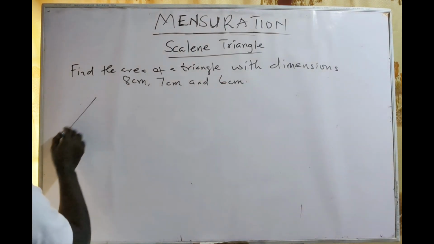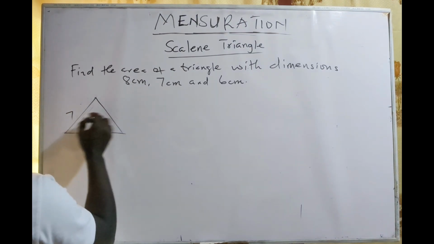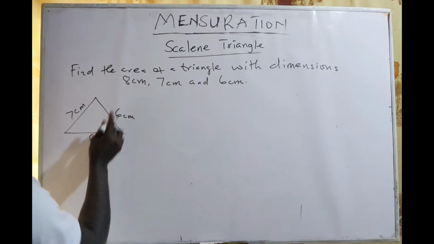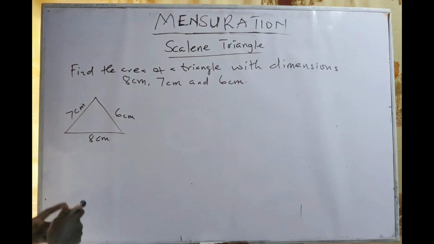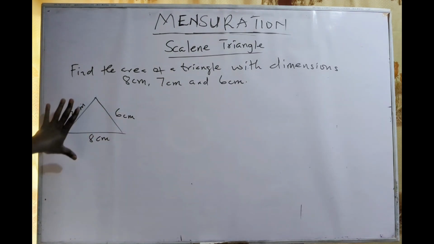You see that if this is the triangle, 8, 7, 6, all the sides are not the same. So this is a typical example of a scalene triangle. All the sides are different, and we are finding the area.